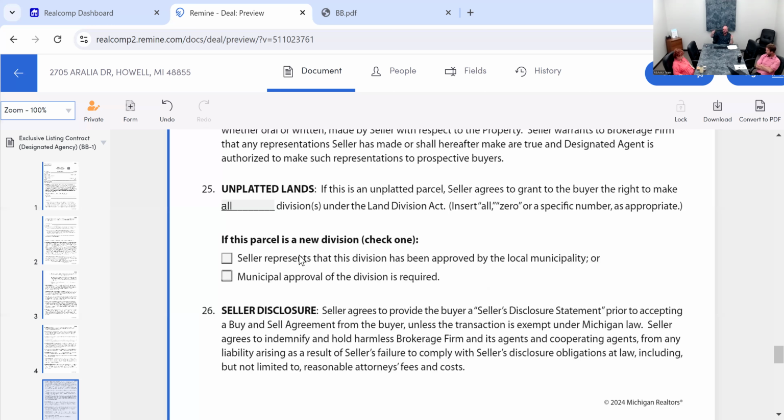They were waiting for the offer, so it wasn't even a pending division, just a possibility. So municipal approval of the division would have been required for whatever the sale ended up being, because it hadn't even been started yet, since it hadn't been determined exactly what was going to be offered for sale.